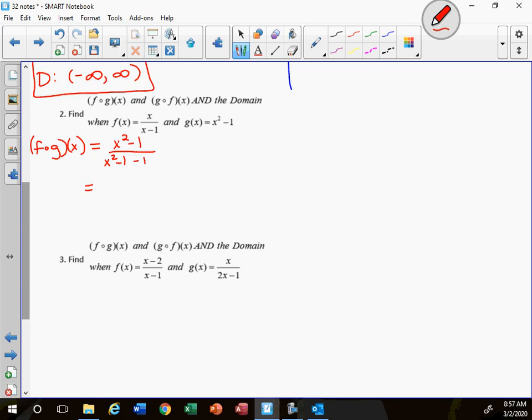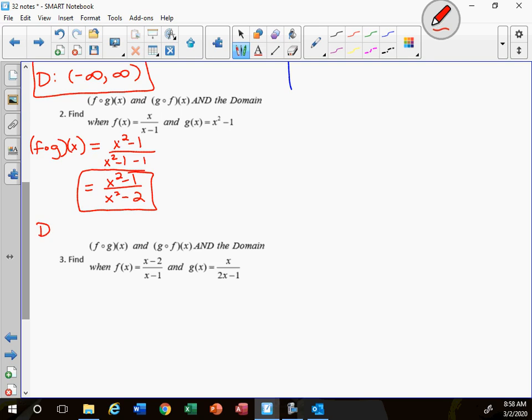So what does my fraction simplify to? Don't overthink it, guys. x squared minus 1 over x squared minus 2. That's it. You could factor the numerator, but is that going to do anything for you as far as reducing anything? No. Oh, and can we cross out the x squared? No. Okay, good.